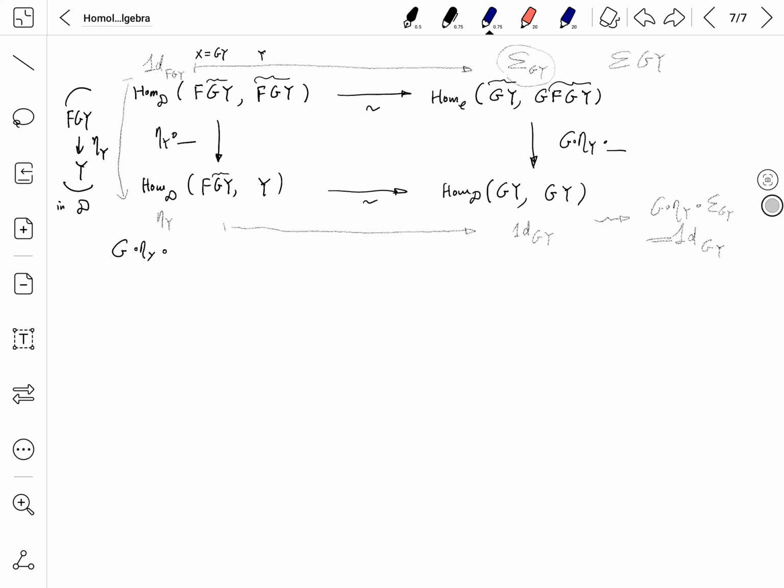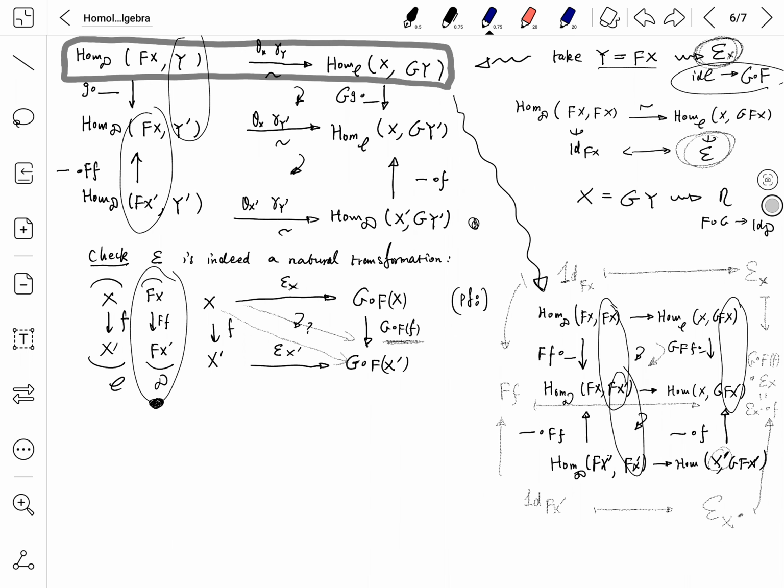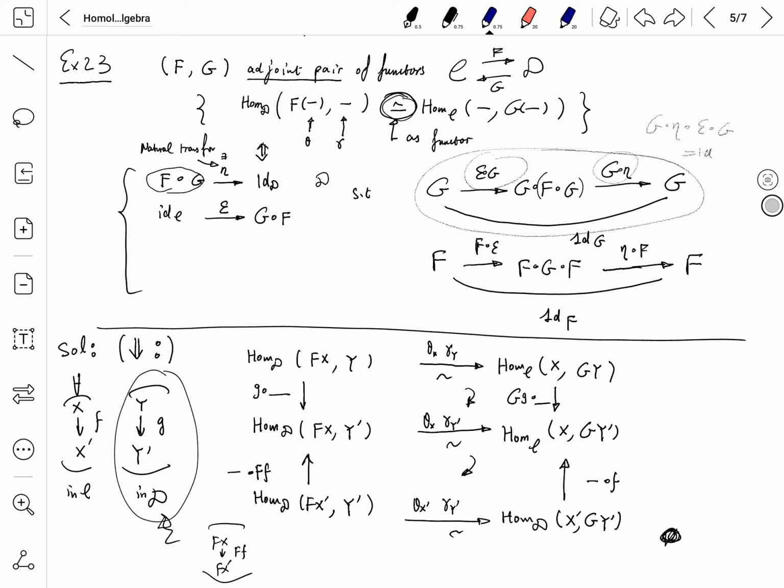But here Gy is an object. Yes, I could write epsilon Gy, but I think maybe this is also the same as epsilon composed with G and then you write y. Yeah, I think it's the same thing.